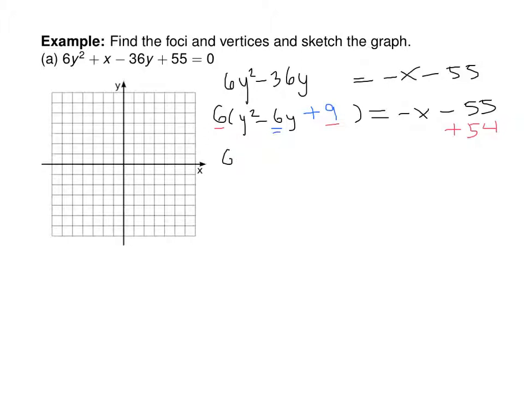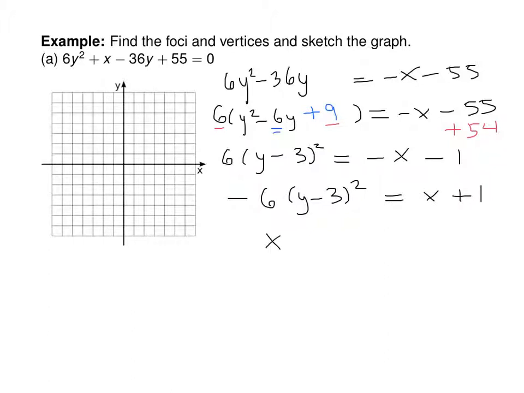And that gives us 6 times y minus 3, the quantity squared, equals negative x minus 1, or negative 6 times y minus 3 squared equals x plus 1, or x equals negative 6 times y minus 3 squared minus 1.